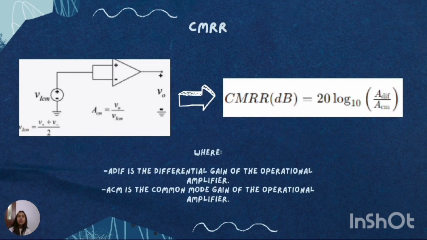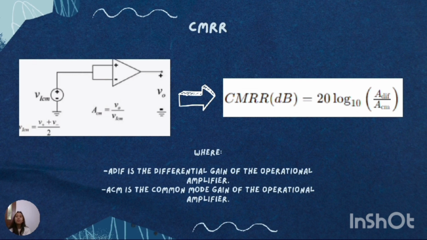The CMRR, common mode rejection ratio, is a measure of the ability of an operational amplifier to reject signals that are common to both inputs, signals that appear on both inputs at the same time.